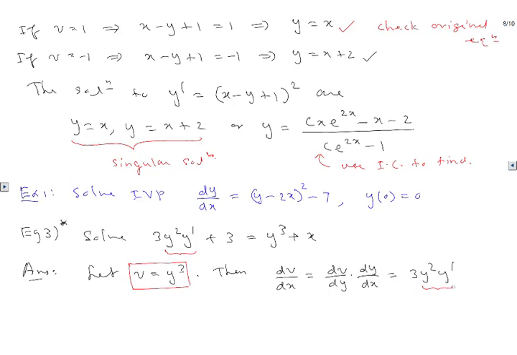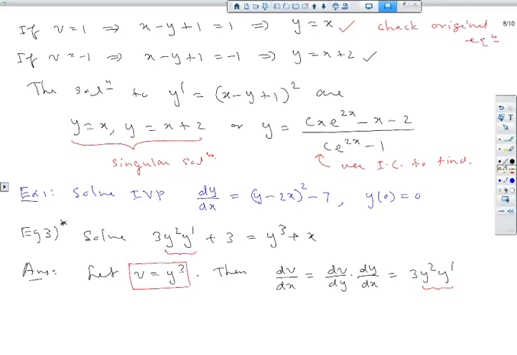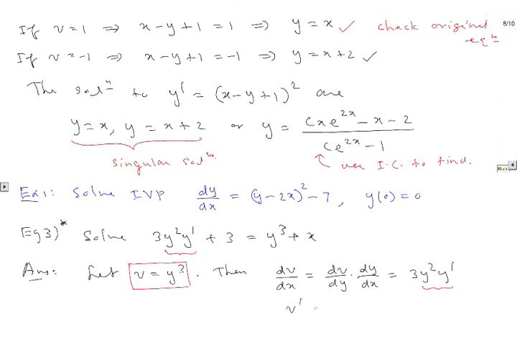So we can write this equation now as v prime equal 3y squared y prime. So we can substitute for both sides. Wherever you see y cubed, you can substitute v. Wherever you see 3y squared y prime, you can substitute v prime.